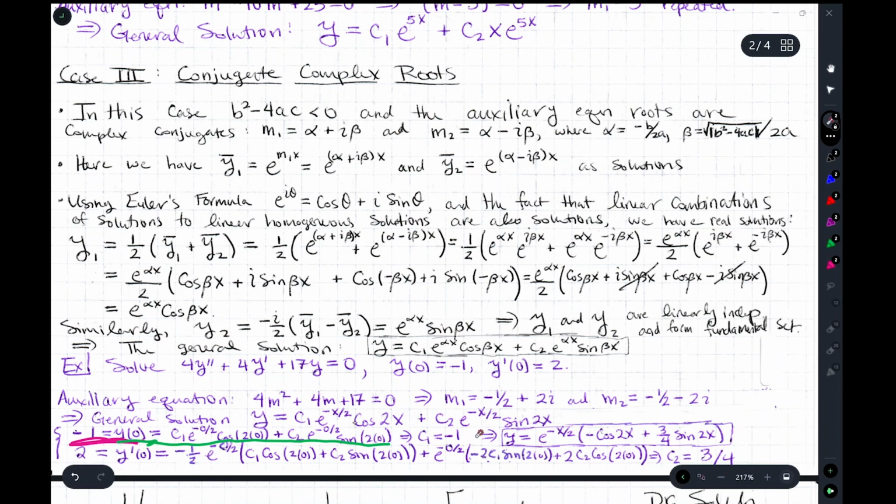That's what happens when you take the derivative of this expression. So you take the derivative, you plug in 0 after taking the derivative, and you set this equal to 2 because that's our initial condition there. And you end up with C2 equal to 3/4, and so you end up with this unique solution to the IVP that we see here.